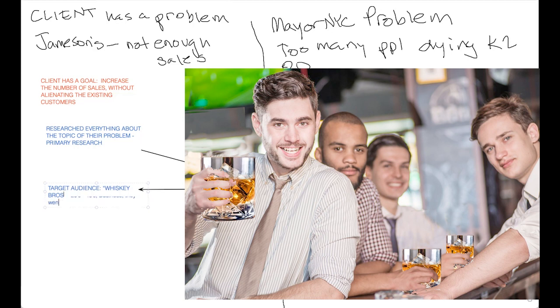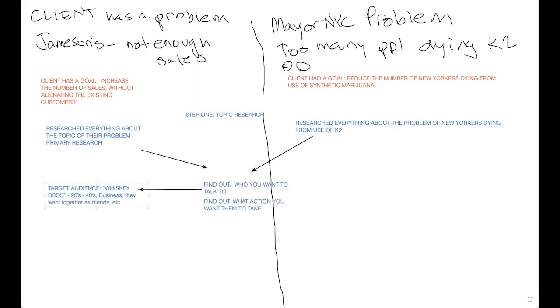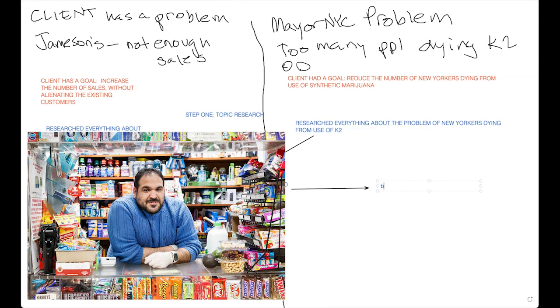They went out together, so they weren't on dates. And there was a whole bunch of other things that they found. What we found out is that we had a whole bunch of different target audiences that we could have pulled from, but we decided we were going to go with the bodega owners in Harlem and East Harlem.